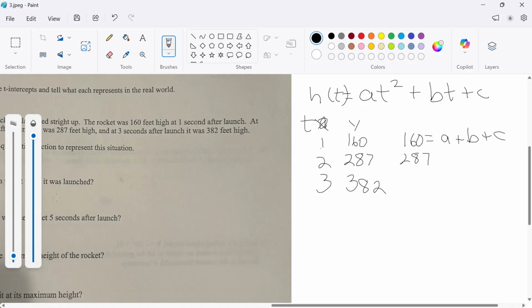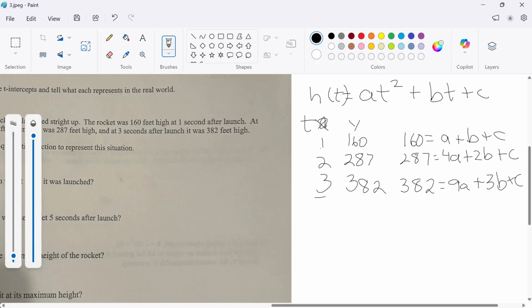So a times 2 squared is 4a, b times 2 is 2b, and then just plus c. And then at 3 seconds, it's at 382. So 382 equals 3 squared is 9, 9a, plus 3b, plus c. 3 equations, 3 unknowns.